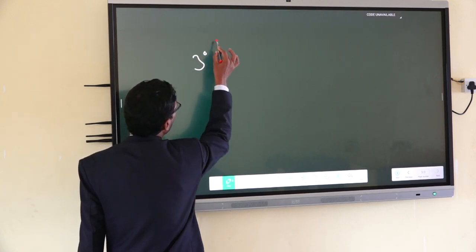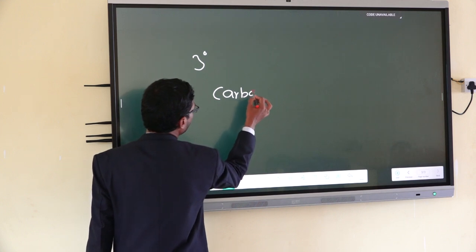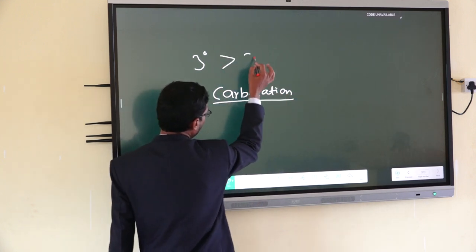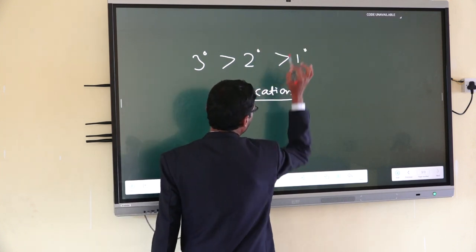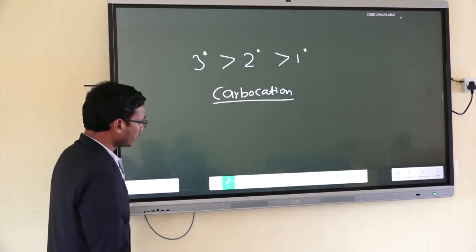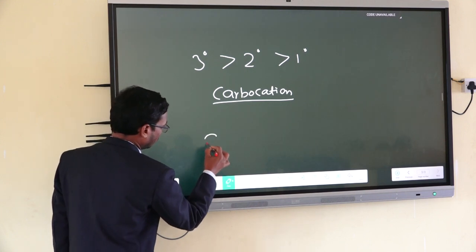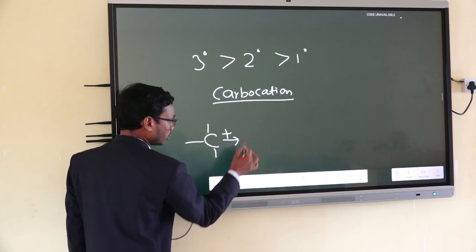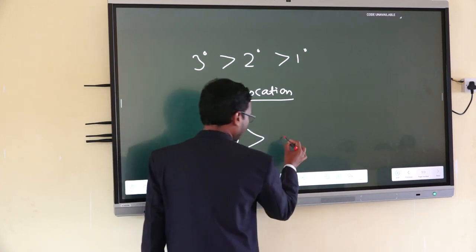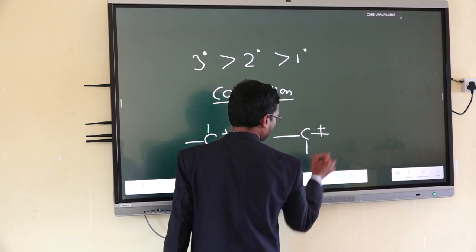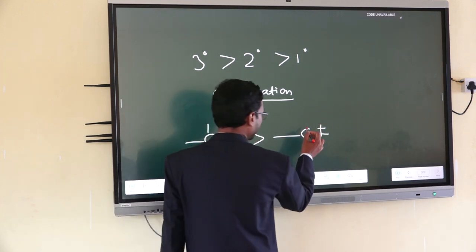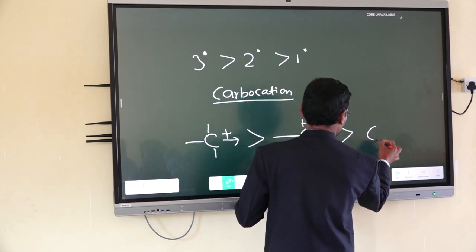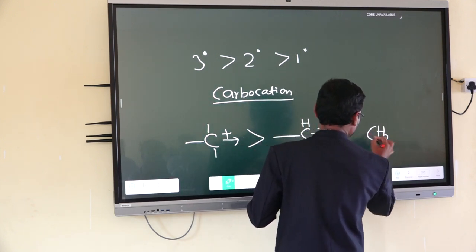Last point, remember carefully: a tertiary carbocation is more stable than a secondary, which is more stable than a primary.